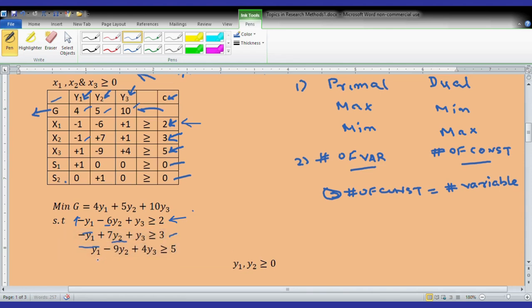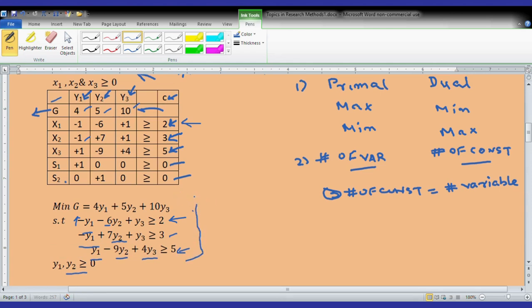Then we have the third, x3 constraint. See that in the x3 row I have plus 1, so y1 has a coefficient of 1, minus 9 is the coefficient of y2, and plus 4 is the coefficient of y3, and we have equal to or greater than 5 on the right hand side of this equation, and then we have y1 and y2 equal to or greater than 0, and this is the job done.